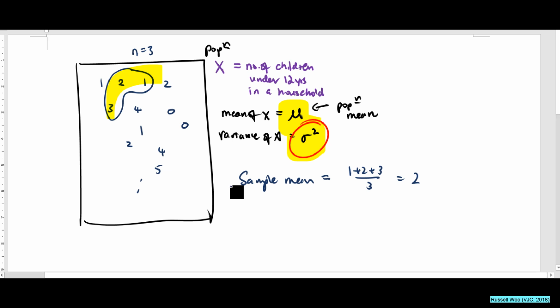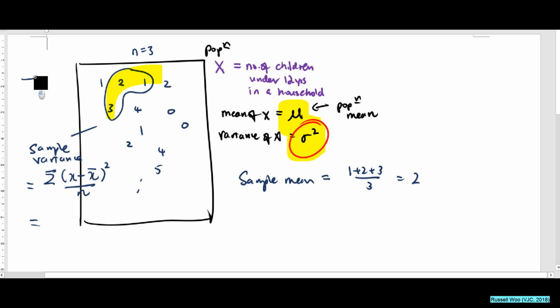First, I must say, how do we calculate the sample variance? Sample variance has this formula. I don't know whether you remember. It is summation x minus x bar squared over n. Essentially, it means this.